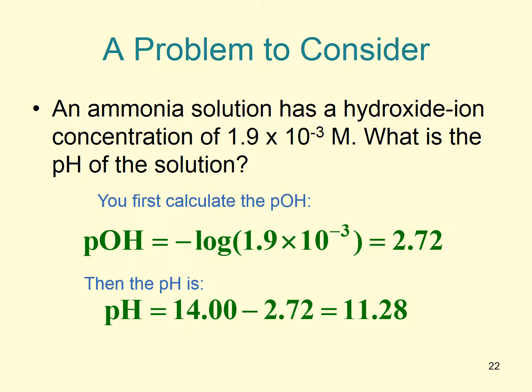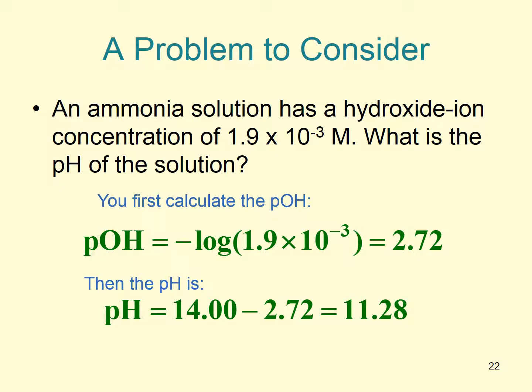You could use the other equation as well. They're both the same equation, just written slightly differently. So you could actually find the H plus concentration. H plus times 1.9 times 10 to the minus 3 will equal 1 times 10 to the minus 14.